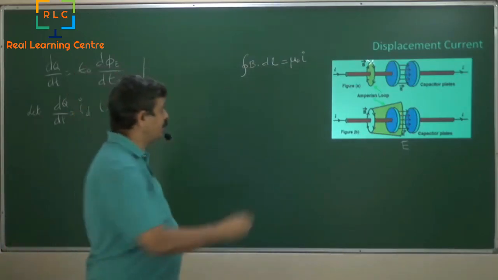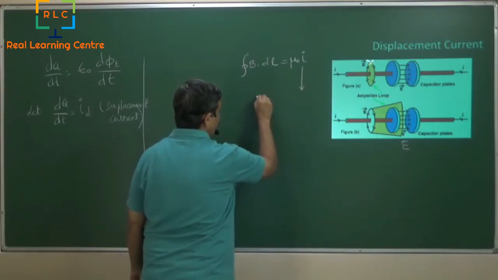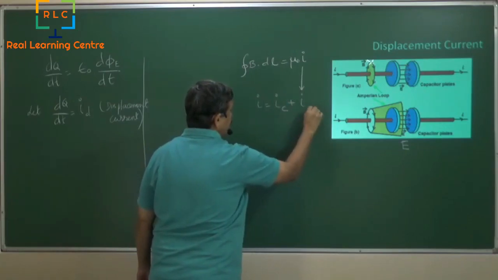However, he said this I is a combination, an addition, of I conduction current plus I displacement current.